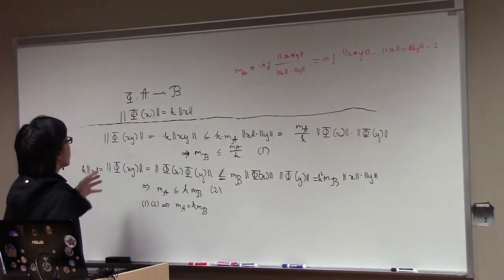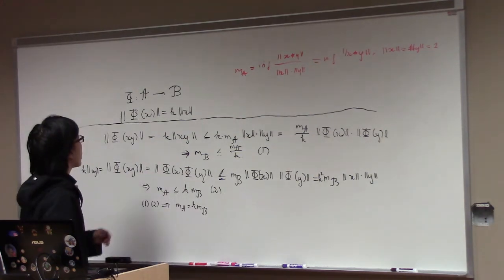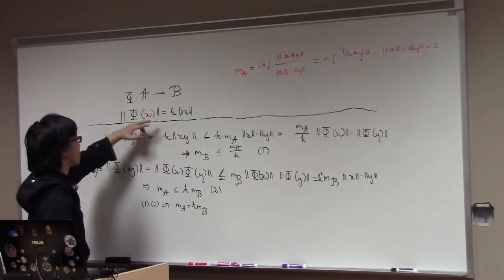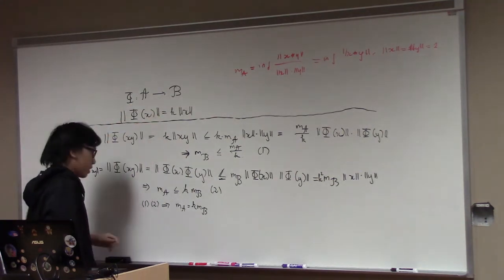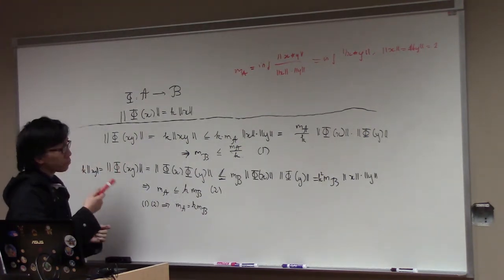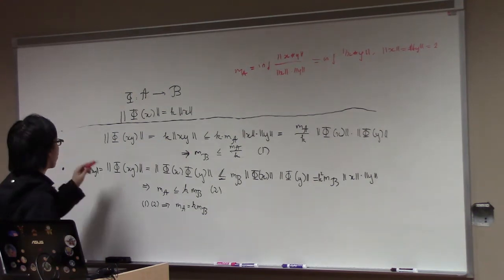So if phi is an isomorphism of algebras, and we have a norm on each algebra such that we have this equality, then I can prove that there's some multiplicative constant related in a certain way. So this is the proof.